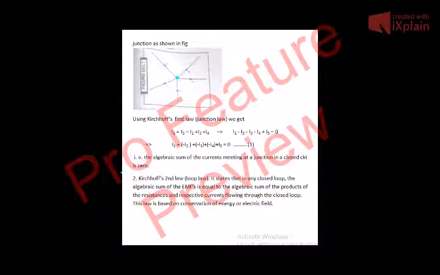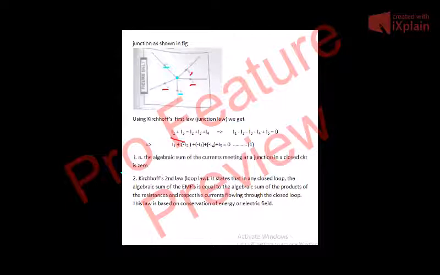And we see that at this junction, two currents, I1 and I5, are entering the junction, and I2, I3 and I4 are leaving the junction. So Kirchhoff's first law states that the sum of the currents entering the junction, that is I1 plus I5, must be equal to the sum of the currents leaving the junction, that is I2 plus I3 plus I4.